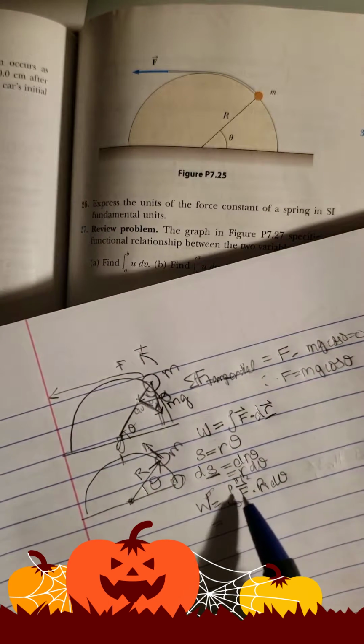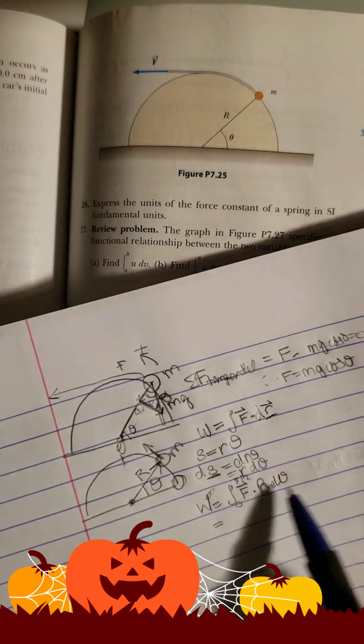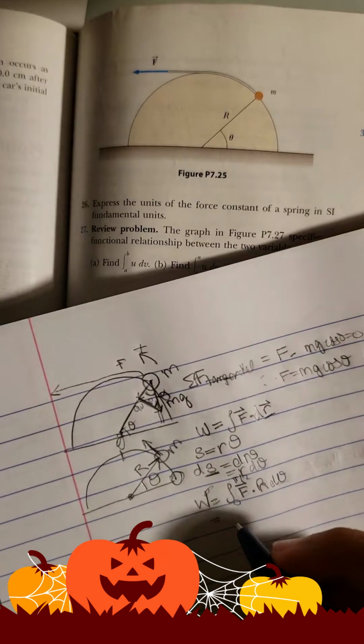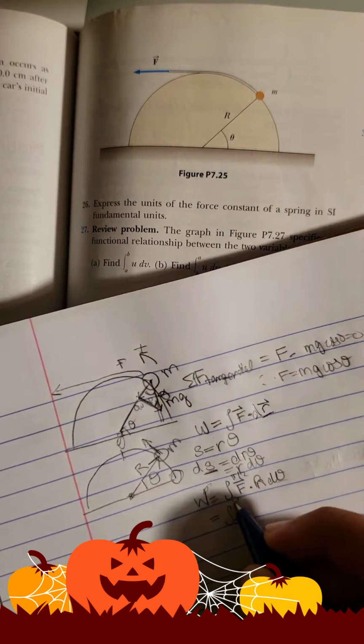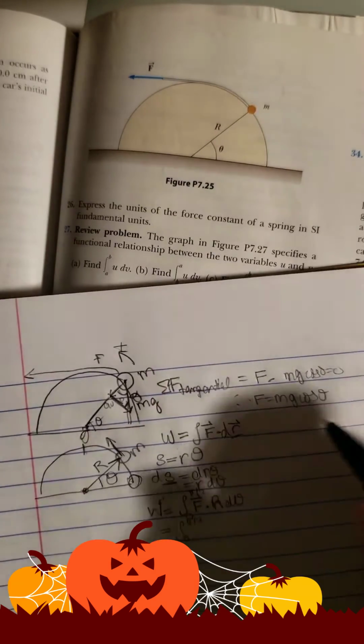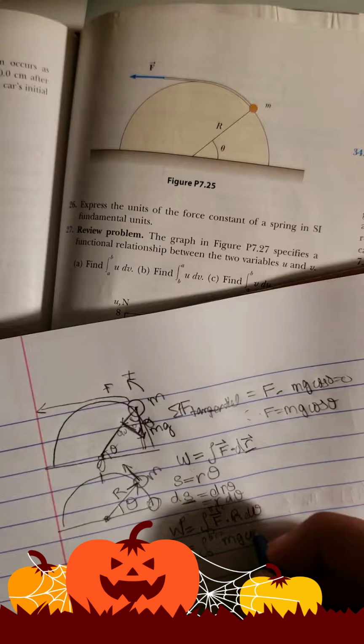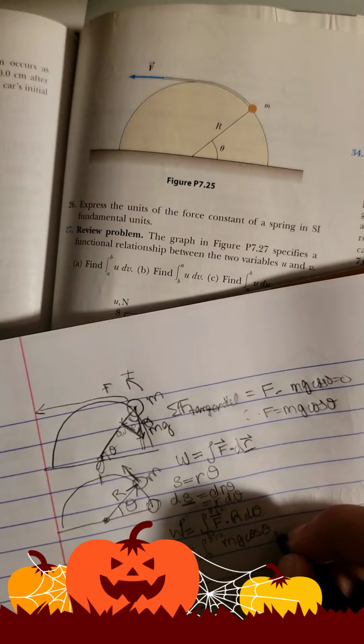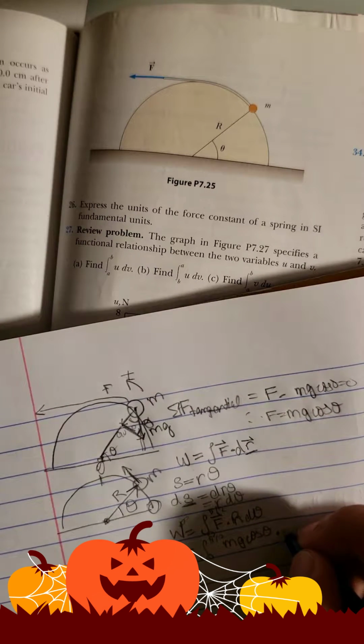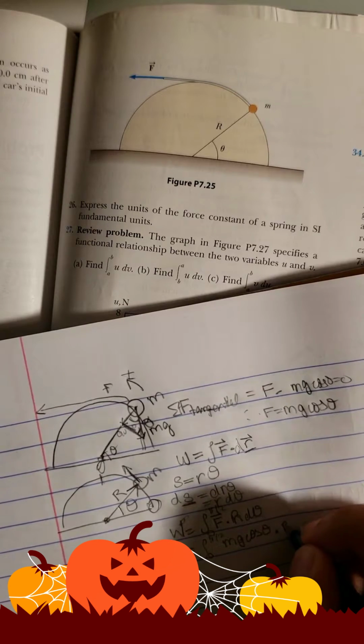Now we need to find how the force relates to this angle. We found above that the force is mg cosine theta, right? So we put that here: mg cosine theta dotted with r d theta.